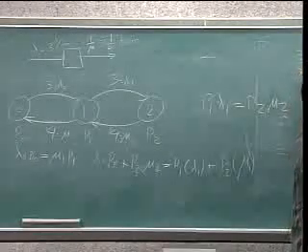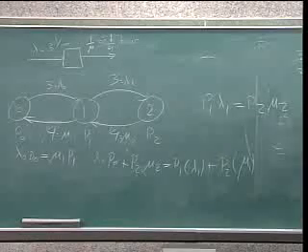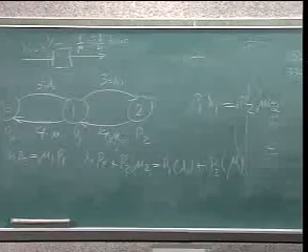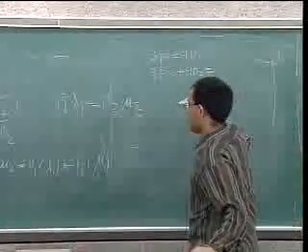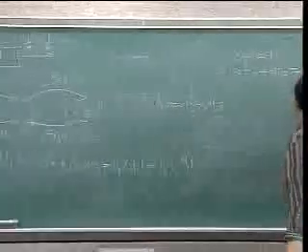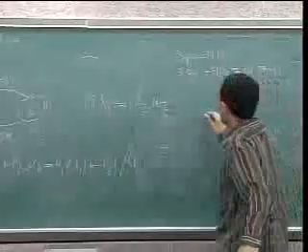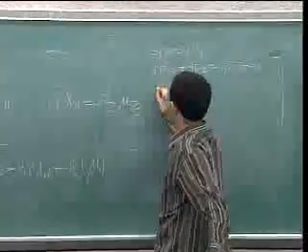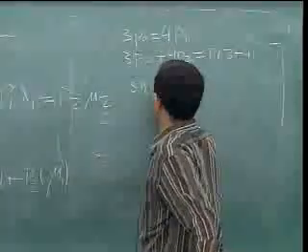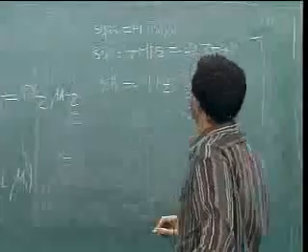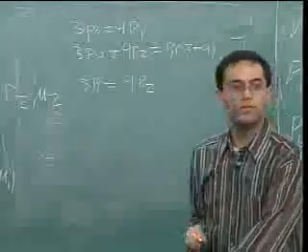We have 3P0 plus 4P2 equals P1 times (3 plus 4). And we have 3P1 equals 4P2. Okay?